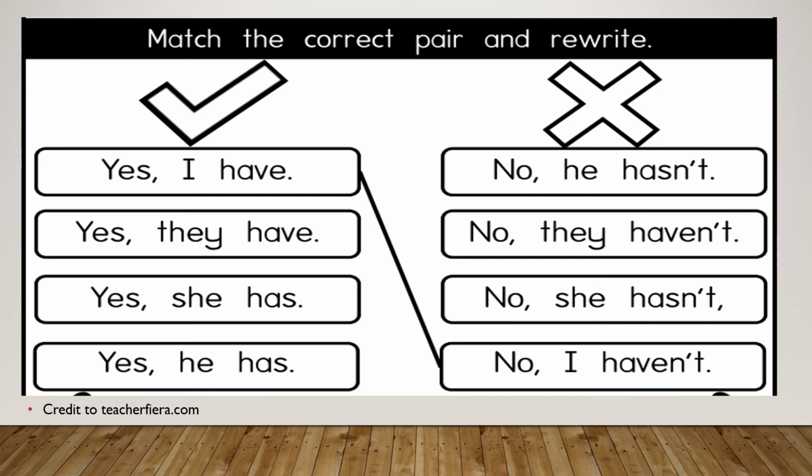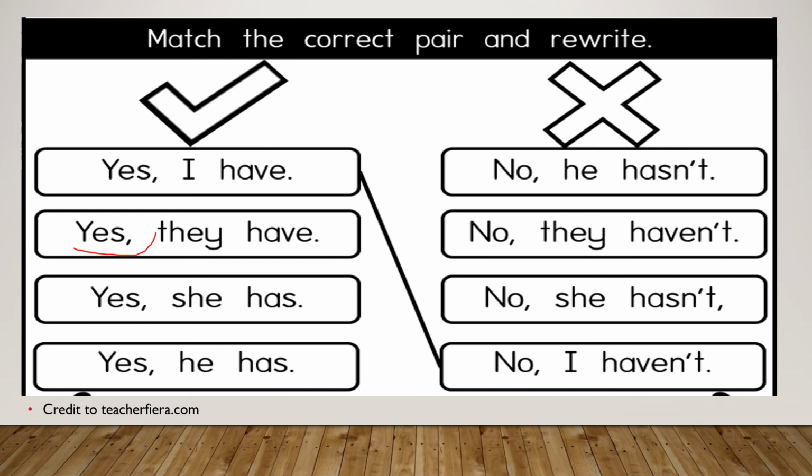Kamu kena padankan pada pasangan yang betul. Kalau yes, masih yes I have. So the match for no should be no I haven't. Now, let's look at number 2.